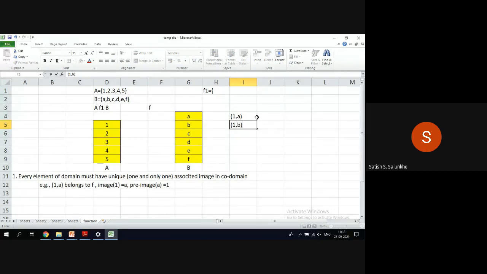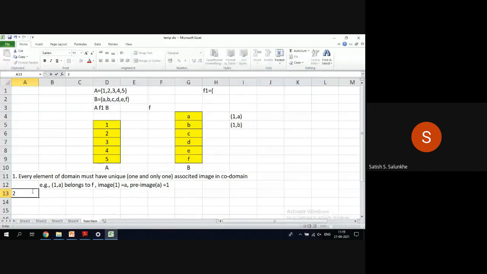This is not possible in a function. You can have this in a relation, that is, one element may have more than one associated element in the codomain. This is possible in a relation, but not possible in a function. Every element of the domain must have a unique, one and only one, associated image in the codomain. This is condition number 1.